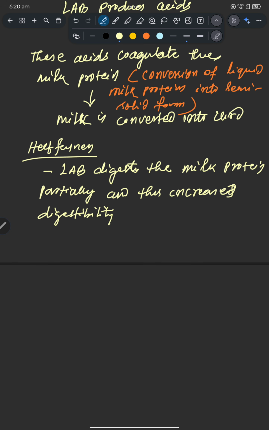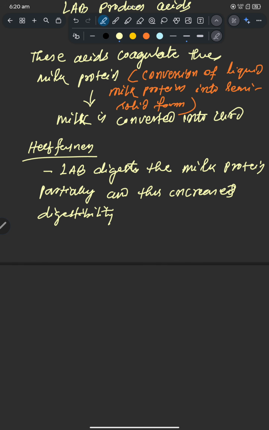Okay, if you take the milk directly, then it is very difficult. It will take longer to digest the milk protein. But if you take the curd, then the milk protein is already partially digested by the bacteria. So very easily it can be digested in our digestive system.